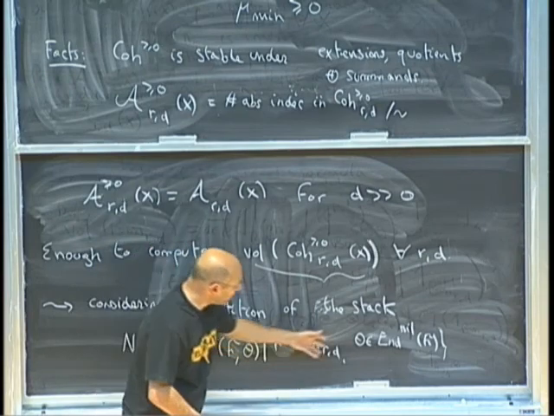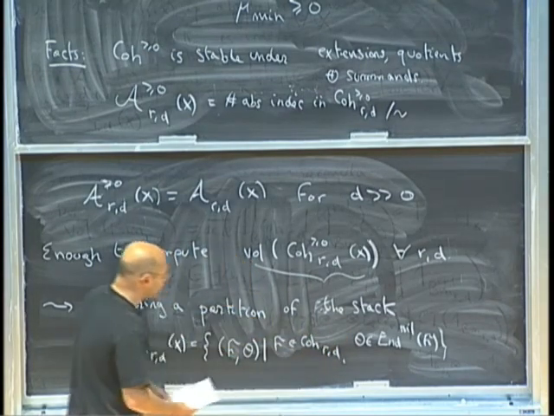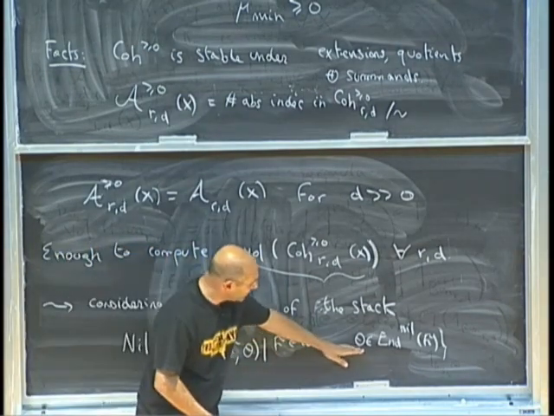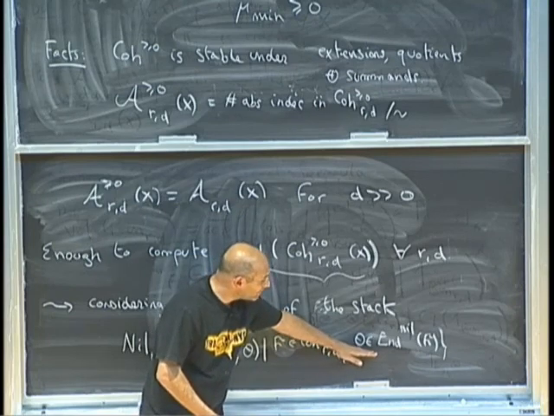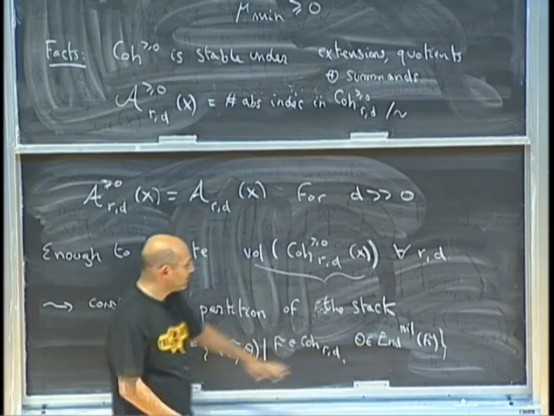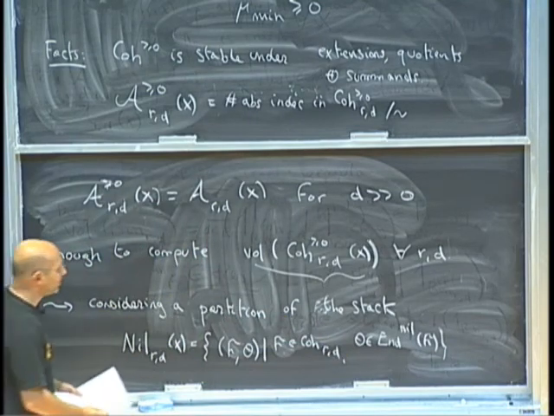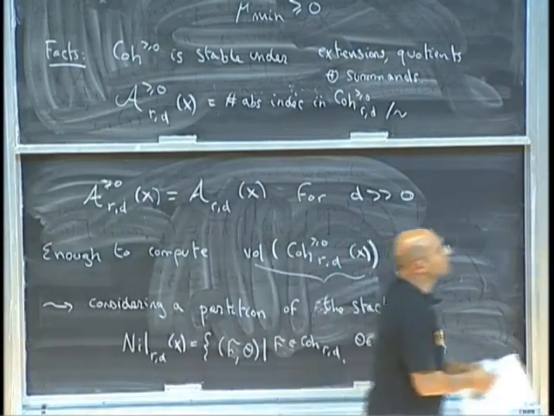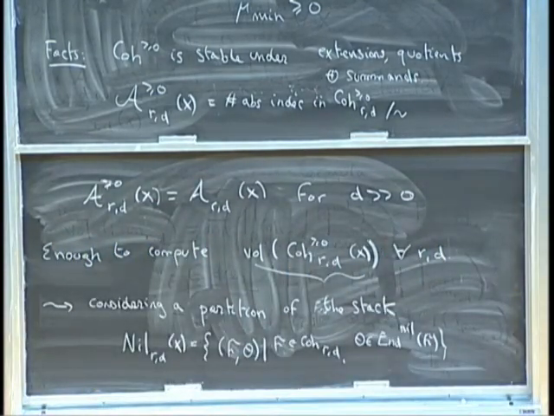Such a pair has a Jordan form. You just look at the Jordan canonical form of this theta. You can make sense of this. And this gives you a partition for Nil, and you can count each piece of this partition.